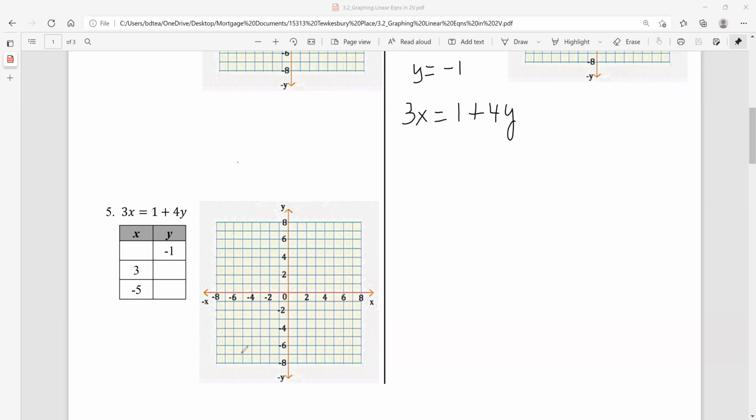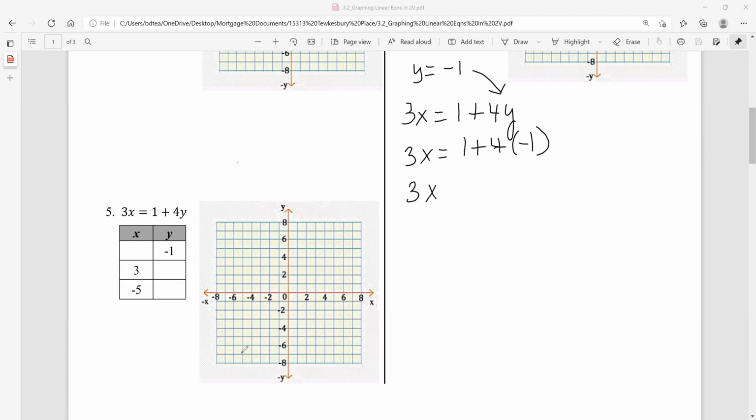So we're just going to substitute -1 in for y. So we have 3x equals 1 plus 4 times the -1, making sure we put that in parentheses to indicate multiplication.